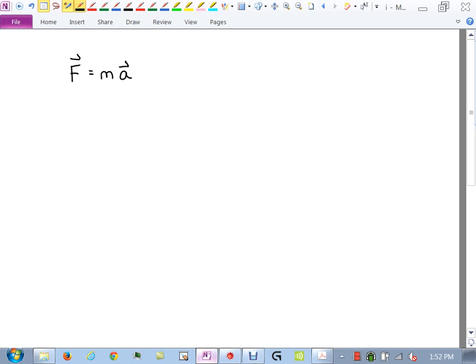It's one of Newton's laws: force equals mass times acceleration. What we are given in the problem is a position function for this weird thing, sine 4t, sine 8t, t squared, with t between 0 and 1.